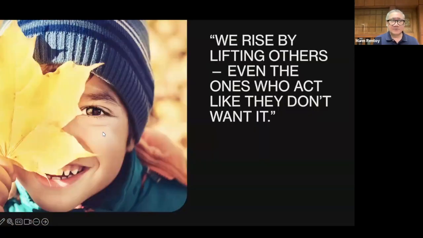And finally, we rise by lifting others, even the ones who act like they don't want it. Because the fact is, they could have invented excuses not to come to school that day. They could have invented that they have diarrhea, headache. They could have lied to their parents about this or that, but they come.